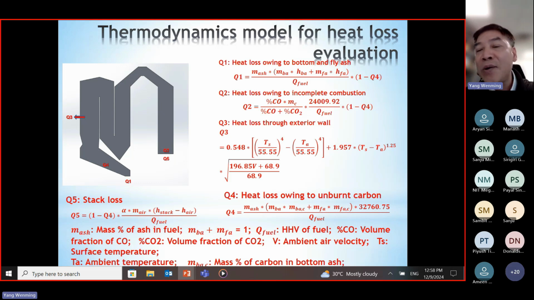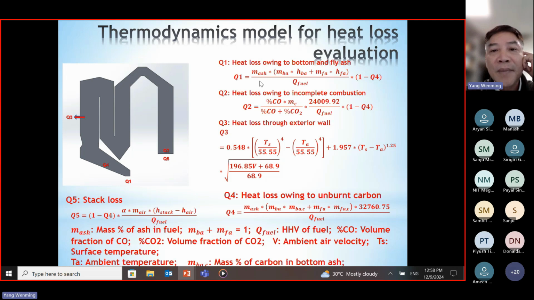You cannot ensure 100% of the fuel will be burnt. So the exhaust gas still contains CO emissions. As we know, CO is actually a fuel, correct? It can produce energy by burning, correct?